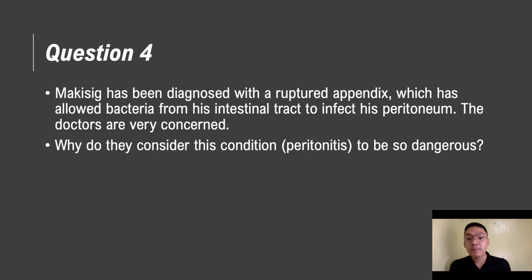Very good. The peritoneum, the largest serous membrane in your body, covers most of the organs of your abdominal cavity. Therefore, an infection in this structure can spread to any or all of the organs in that cavity. Wonderful.